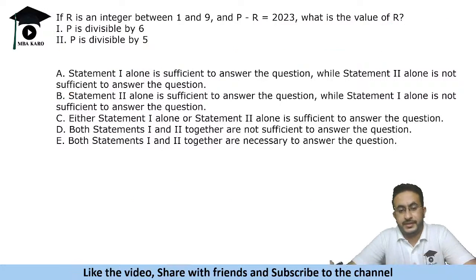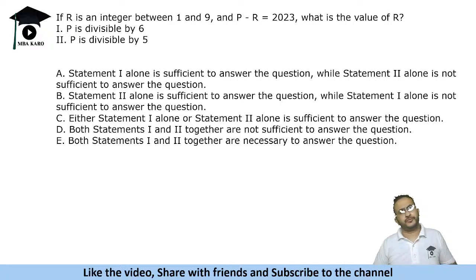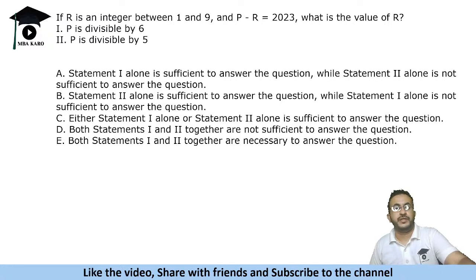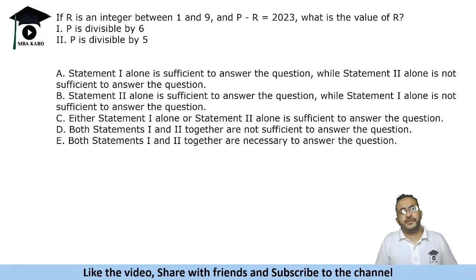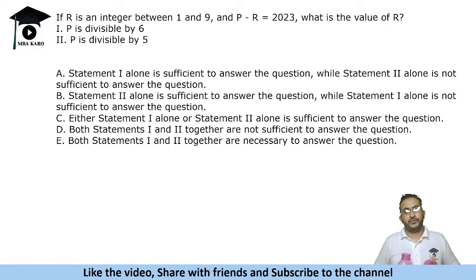Okay, as I said, number system is also important. So एक question तो पक्का numbers based आएगा, divisibility, HCF, LCM या कुछ ऐसा आएगा. So we are given that R is an integer between 1 and 9 and P minus R is 2023. You have to find the value of R. So basically not find the value, you have to tell whether you can find the value of R from this. So just look at the value and tell whether you can find the answer.